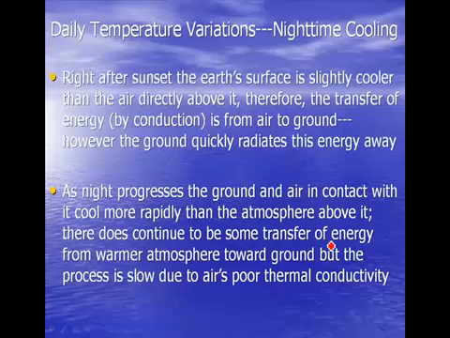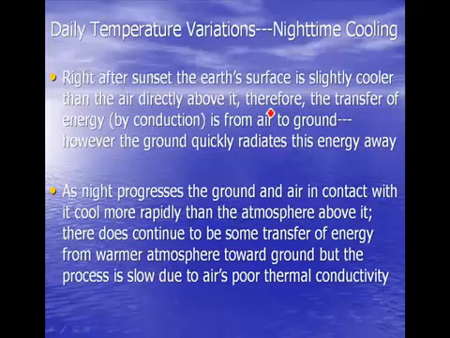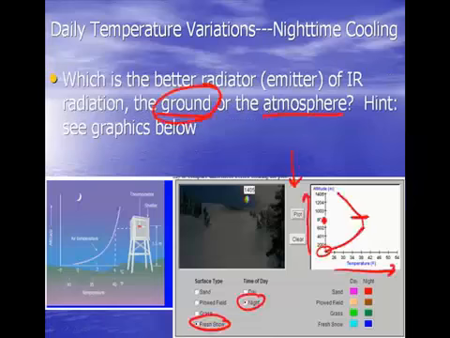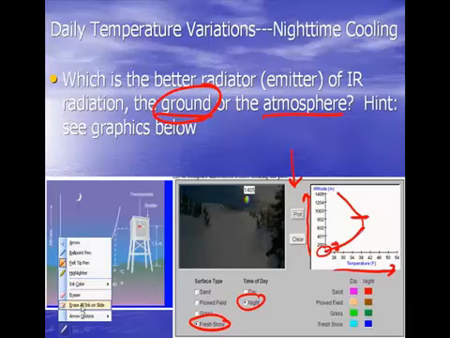So, right after sunset, you see the Earth's surface is slightly cooler than the air directly above it. However, there is some transfer of energy, like I mentioned, by conduction. So we take some of the warmer air directly above the surface and we transfer it down to the surface, but the surface quickly radiates it away as infrared energy, and so it stays colder.